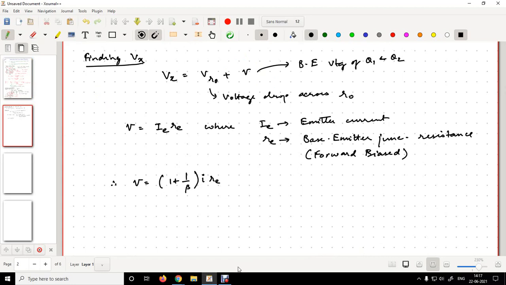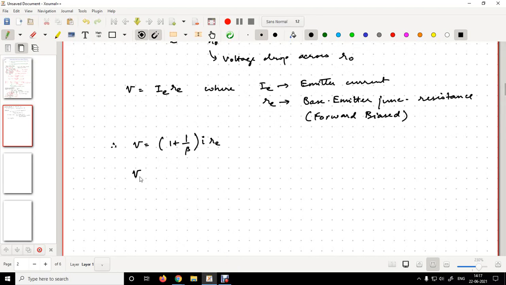Next I have to find VR naught. VR naught is IR naught into R naught, which is I into beta plus 2 plus 2 by beta into R naught. So V you have found out, VR naught you have found out.